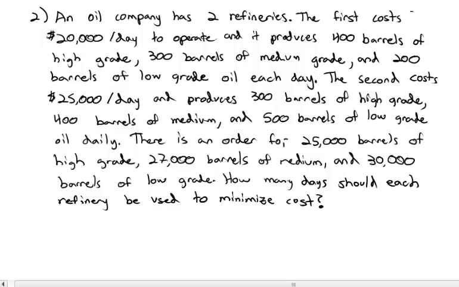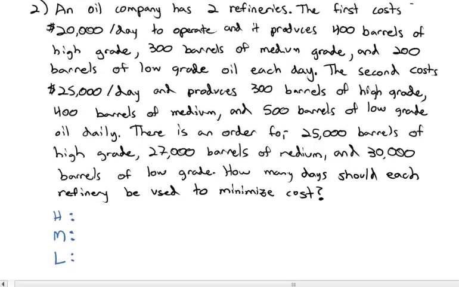Well, let's take a look at our constraints. What we are constrained by is we need so much of the high grade, medium grade, and low grade. And what we want to do is minimize the cost.